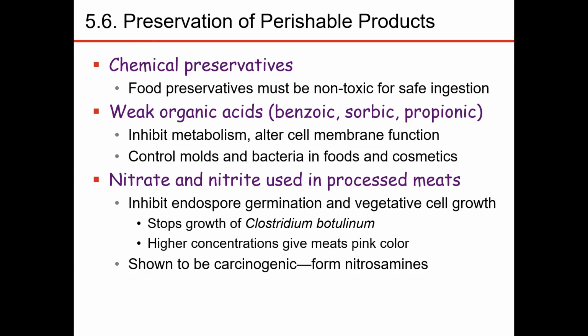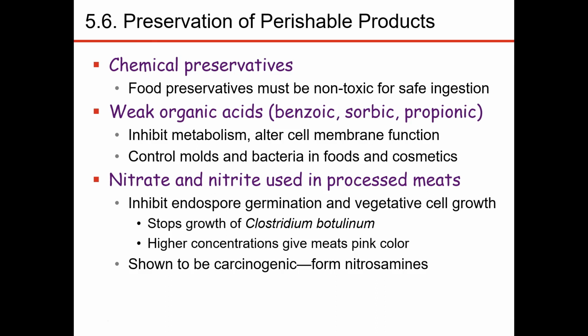All right, so preservation of perishable products. So it's going to be mainly fruits and vegetables, meat products. Chemical preservatives are used, but most people don't like that. When they hear there's chemical preservatives in their food, a lot of people shy away, and that's why you got these new organic produce sections, meat sections, things like this, minimizing any sort of chemicals that may be used in the food.